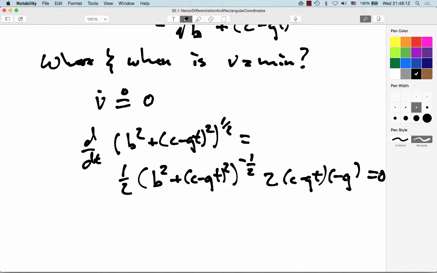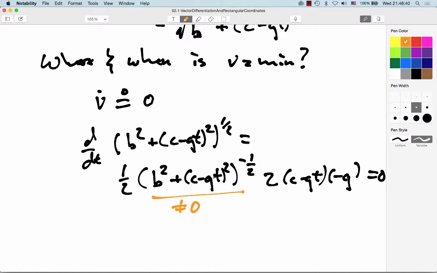Okay, so let's think about what parts that are a function of time can make this a 0. This term here can never go to 0. The only way that could happen is if c minus gt were somehow imaginary, so that when we square it we get something negative to cancel the b squared.